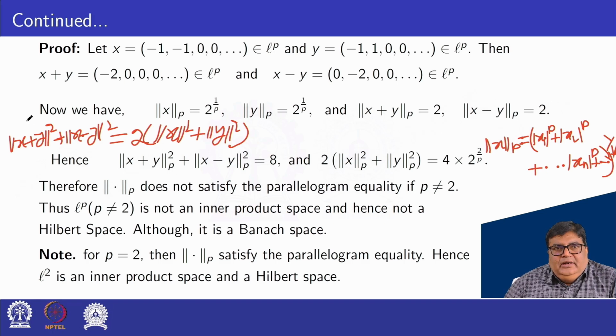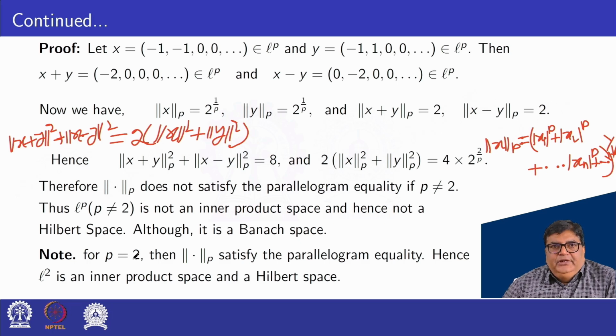So here the left hand side is 8 and the right hand side is 4 into 2 to the power 2 by p, which is not equal if p is not equal to 2. Thus LP is not an inner product space and hence not a Hilbert space, although it is a Banach space.